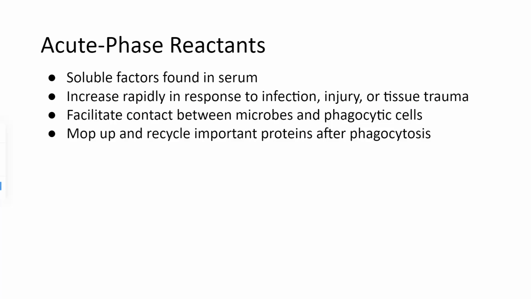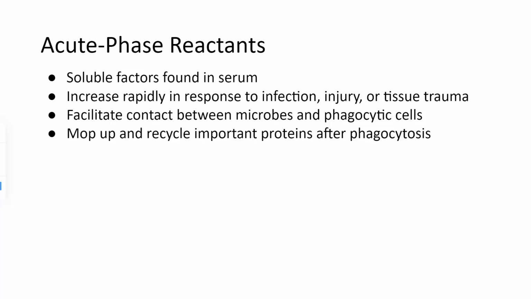Acute phase reactants are soluble factors that are found in serum. They increase rapidly in response to infection, injury, or tissue trauma. If you're taking clinical chemistry or if you've taken it in the past, you know that there's different chemicals that you can test for in the blood, and higher levels of certain chemicals can indicate certain disease states.